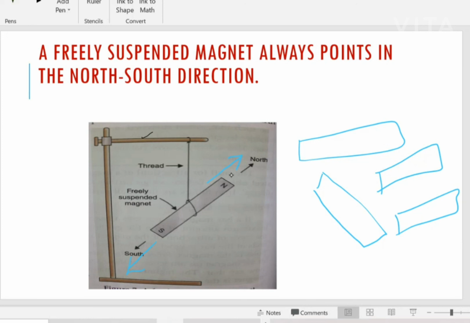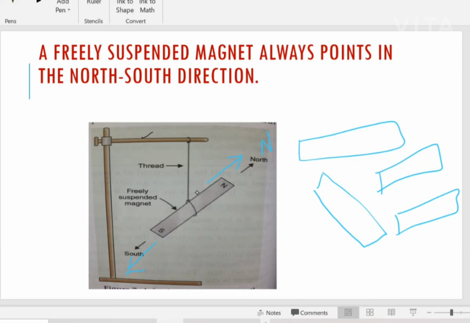The north pole is called the north seeking pole. Why? Because it is seeking the direction of north. And just opposite to north you have the south seeking end, or south seeking pole.